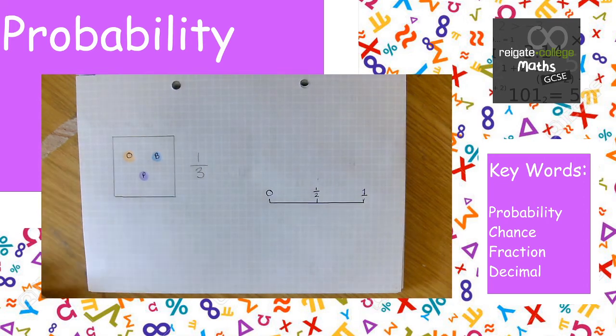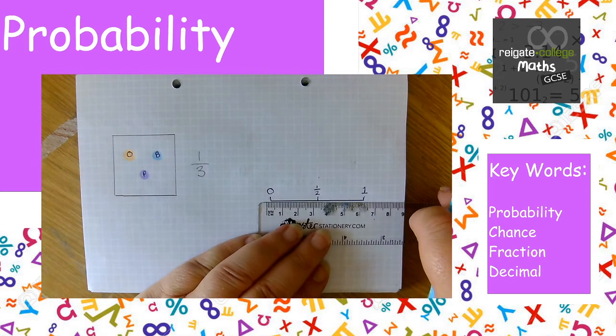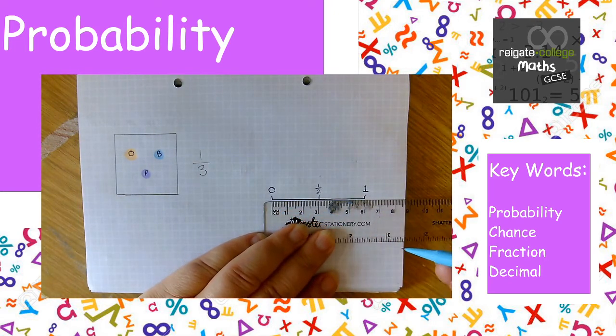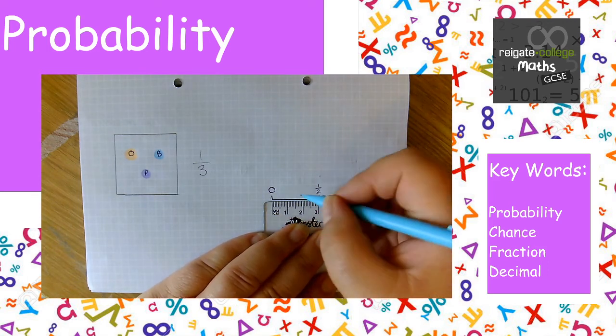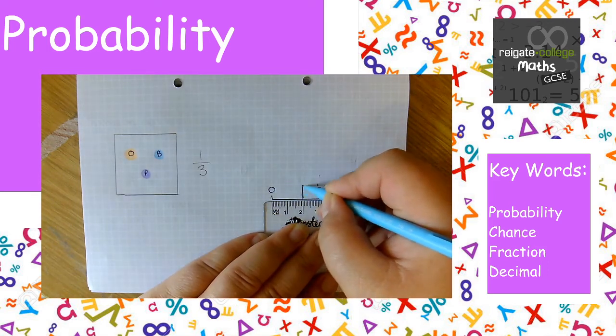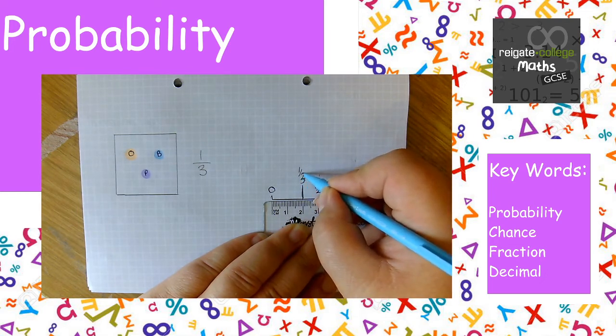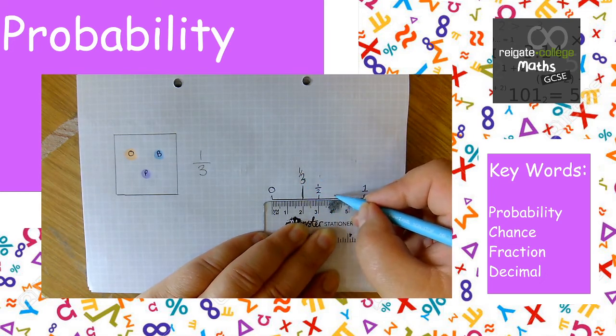The trouble with then going to put this fraction on my probability line is my probability line is only split into 2 and I need to mark it up as a third. So what I'm going to do to make that happen is I'm going to re-split my probability line. I'm going to split it into 3 equal pieces. So I want my line to be split there, and there.